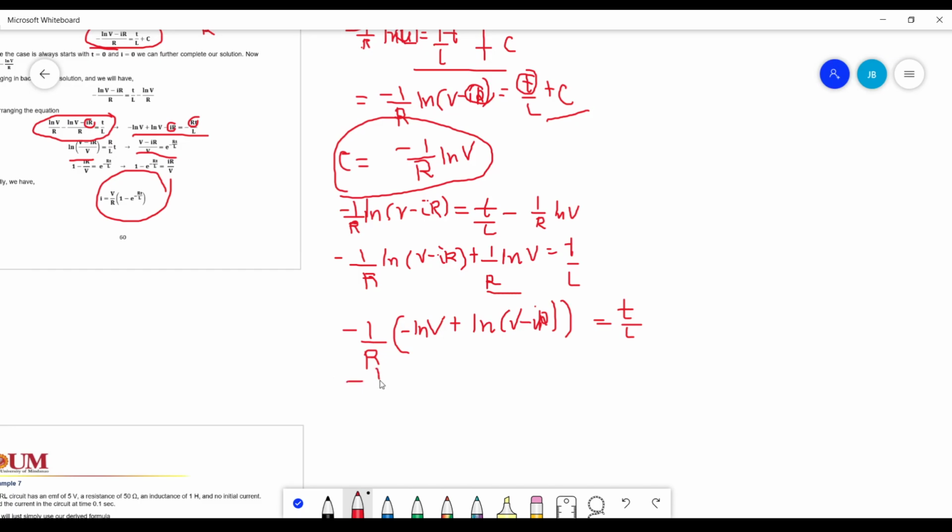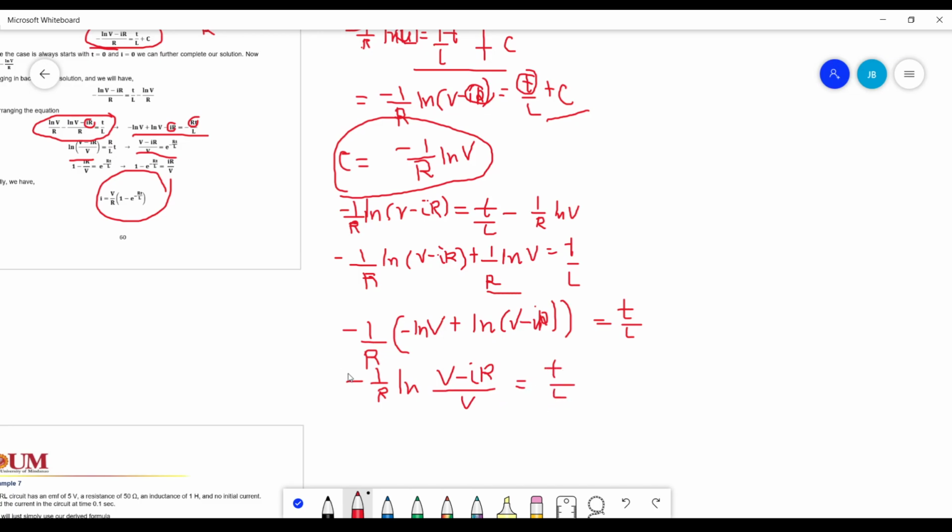Okay, so again, law of logarithm, pag plus gani sa gani buhaton, this is minus pala, so minus is division, so ln of v minus ir all over v is equal to t over l.